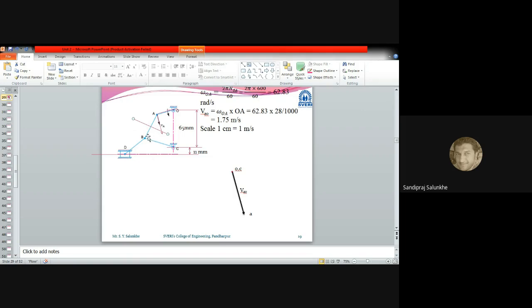Am I right? So you have to just draw one perpendicular through point A, I can extend it. We only know that it is a perpendicular.